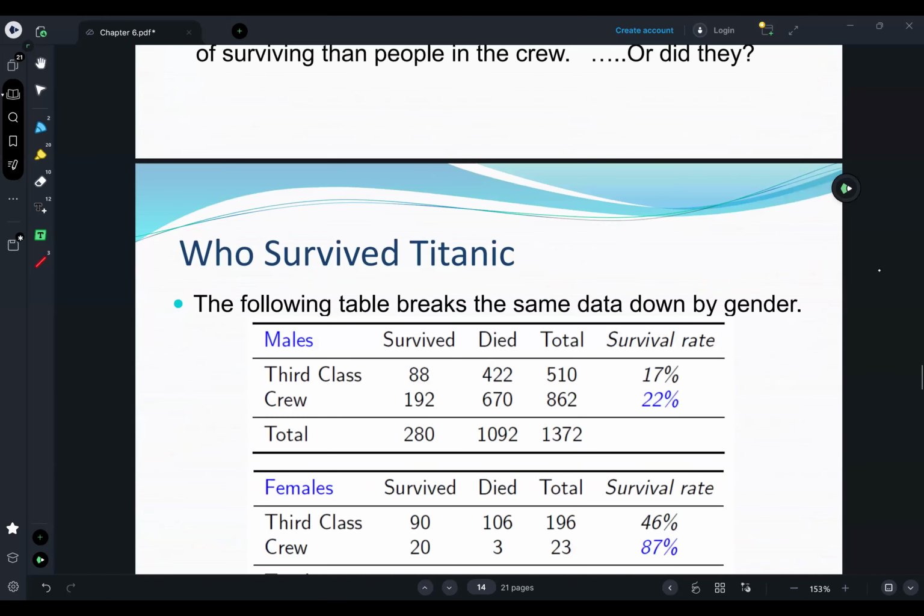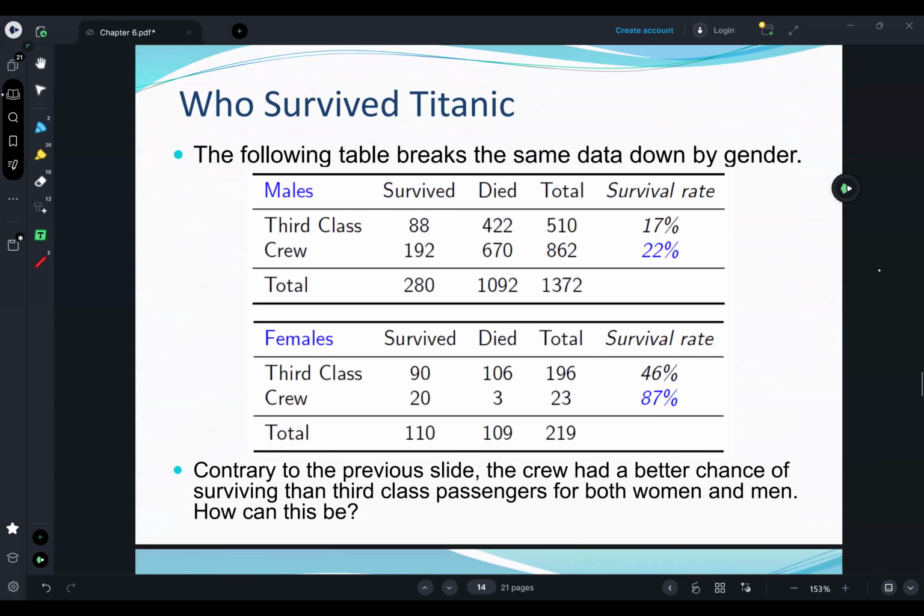If we look here, I stratify the data and make two more tables, but this time separate the males and the females. So the male third class and crew, and the female third class and crew. You can see instead of third class having a higher survival rate, it's the crew in both.